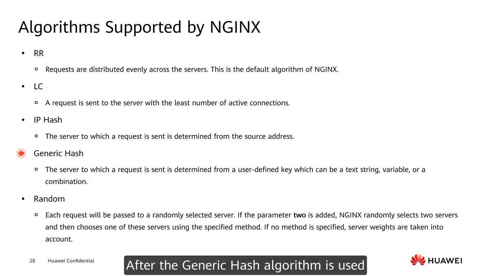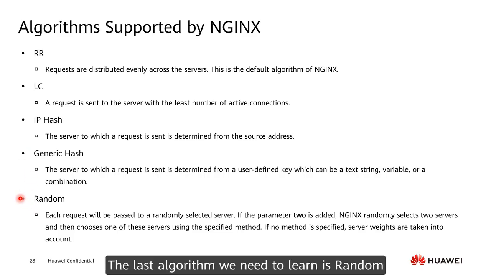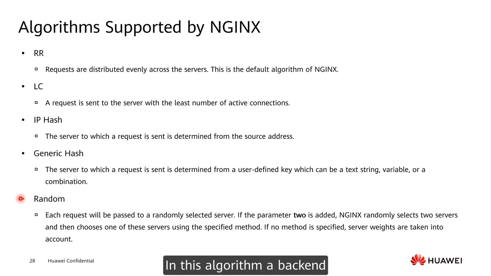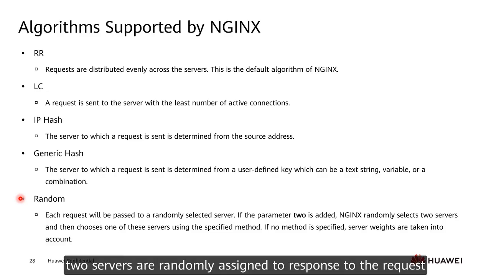After the generic hash algorithm is used, requests with the same URI will be forwarded to the same server. The last algorithm we need to learn is random. In this algorithm, a backend server is randomly assigned to respond to the client request. If the option two is added to the algorithm, two servers are randomly assigned to respond to the request.